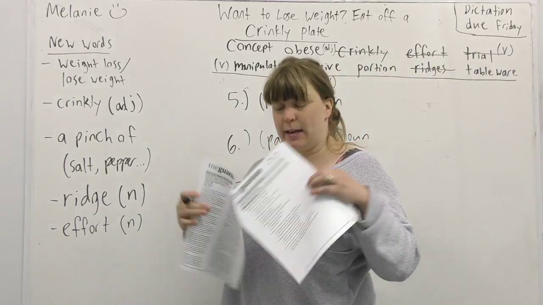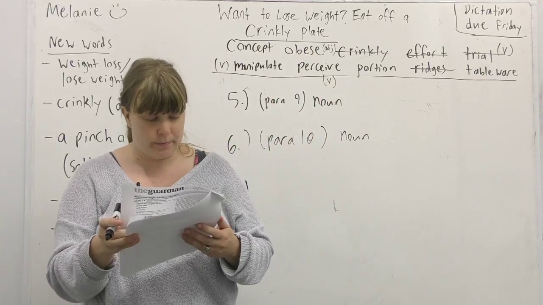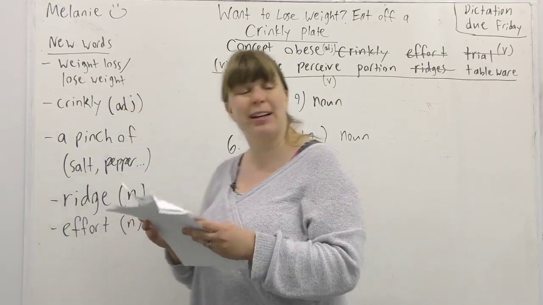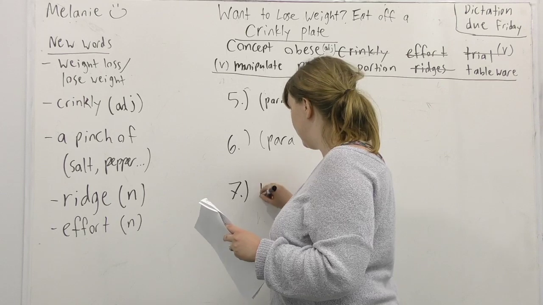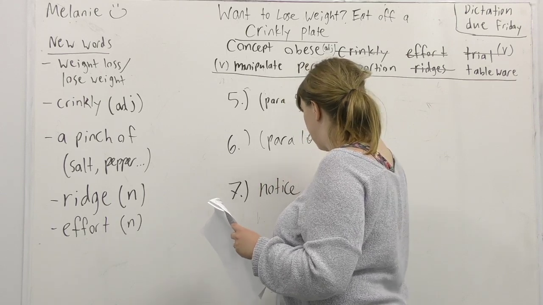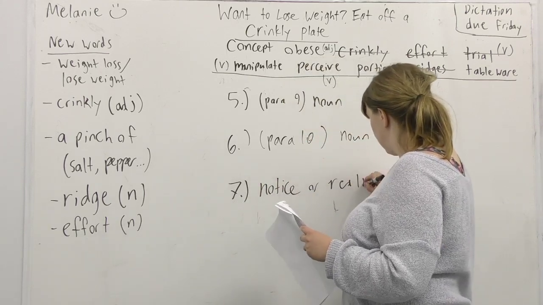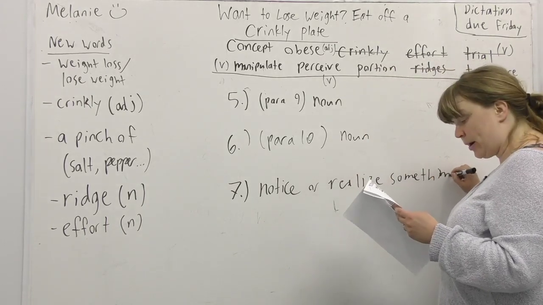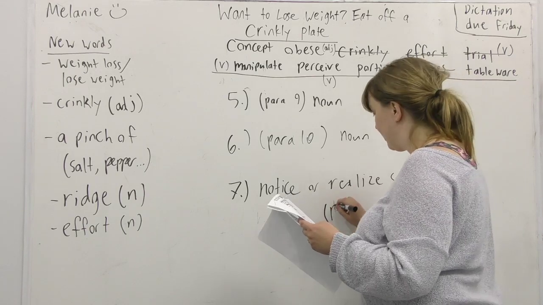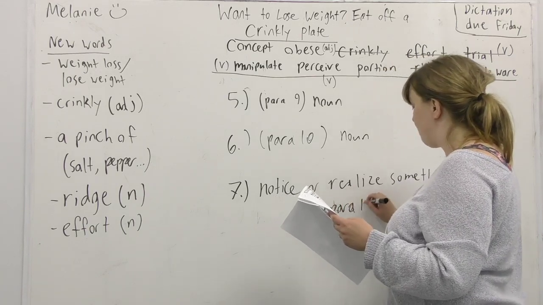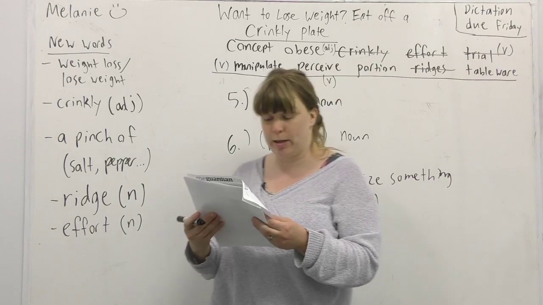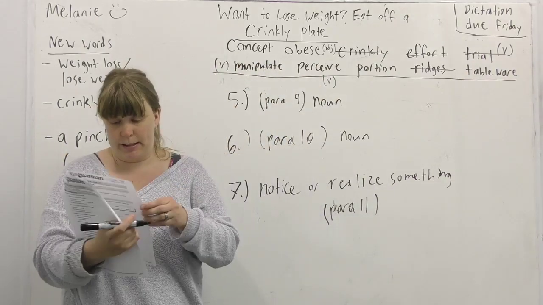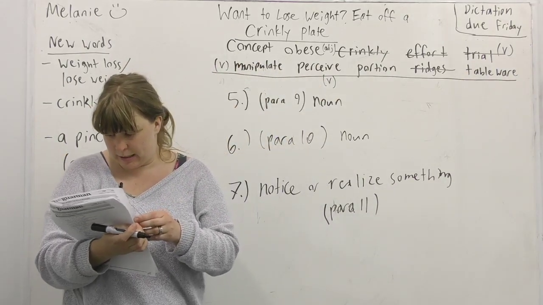And number 7, what do we got here? To notice or realize something. Okay, so this is going to be in paragraph 11. Okay, there's 2 words from paragraph 11, so this might be a little tricky. Let's take a look.